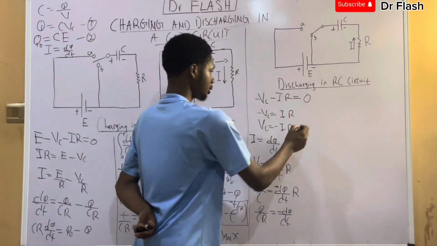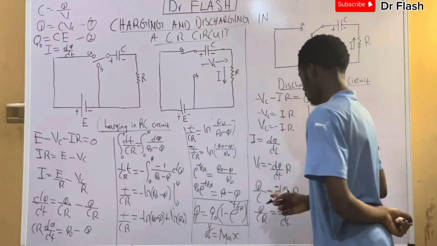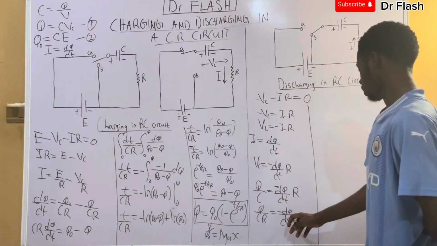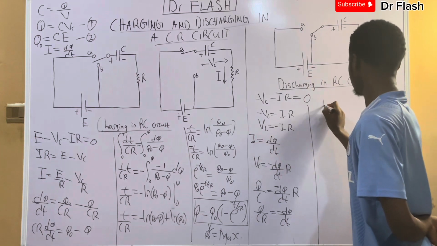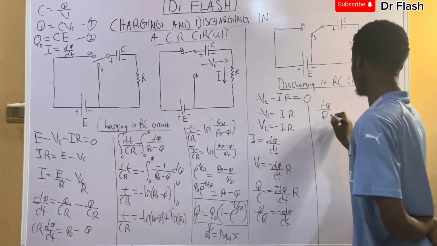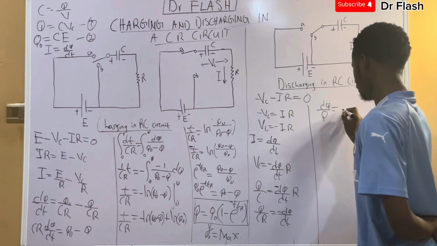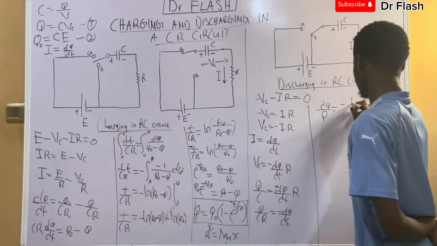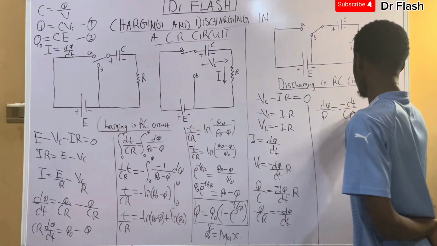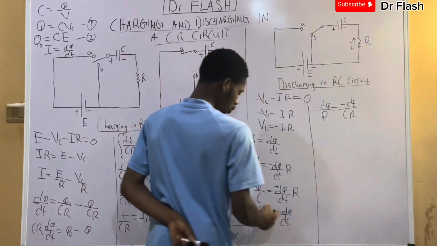Now let's rearrange so we can integrate. By doing that, we're going to cross multiply, so we'll be left with dq over Q is equal to minus dt over CR. This is what we're going to have. This one comes in, this one comes in.